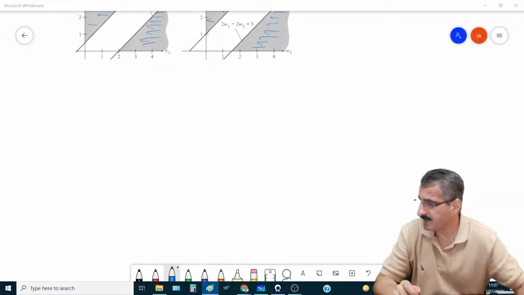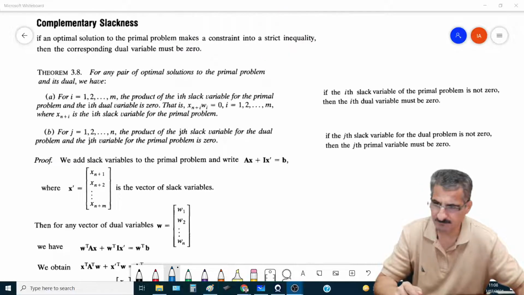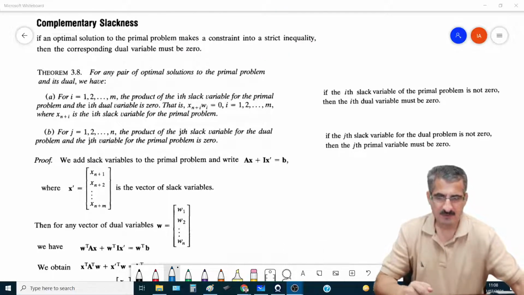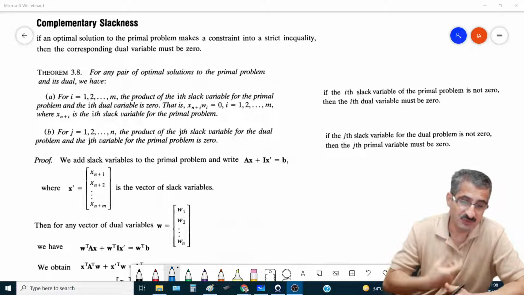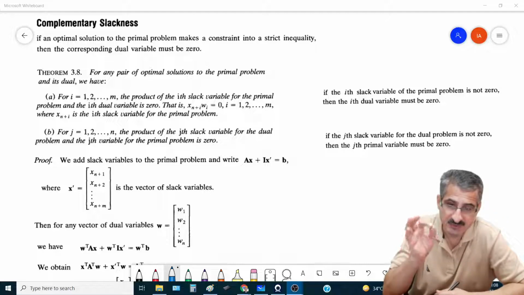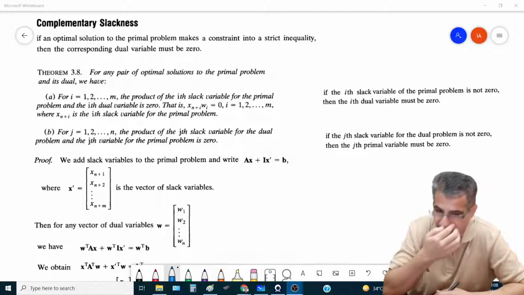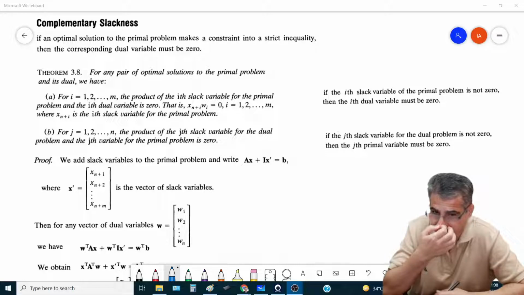Okay. Now we reach the very last theorem. Complementary slackness. If an optimal solution to the primal problem makes a constraint into a strict inequality, then the corresponding dual variable must be zero. What does that mean?